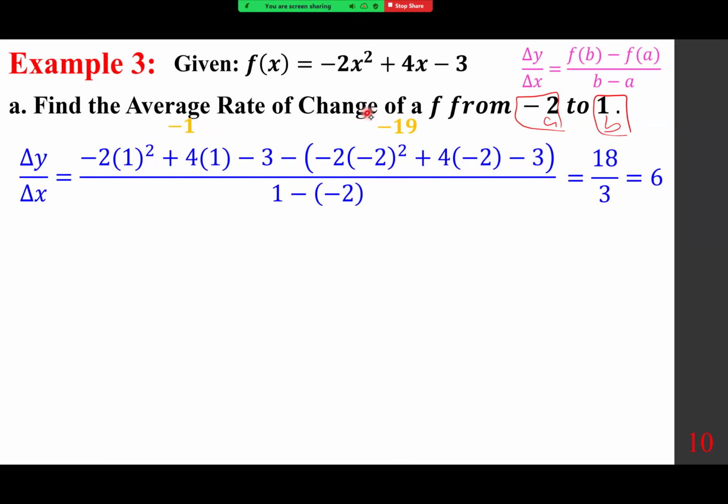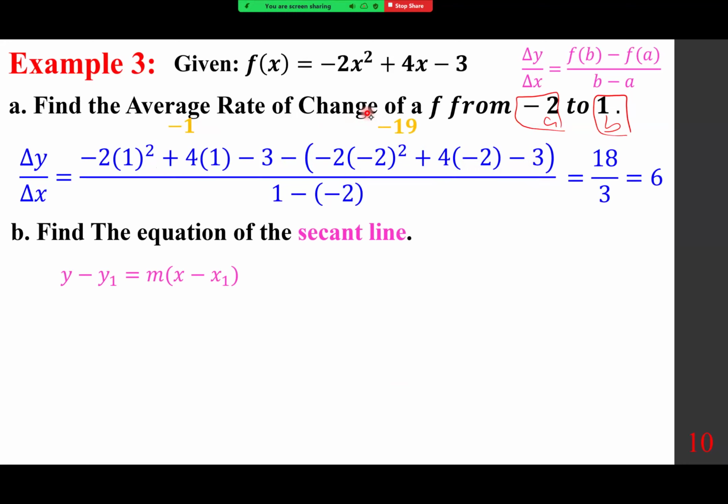When I find the equation of a secant line, the pair is 1, -1. Or you could use the second pair, -2, -19.